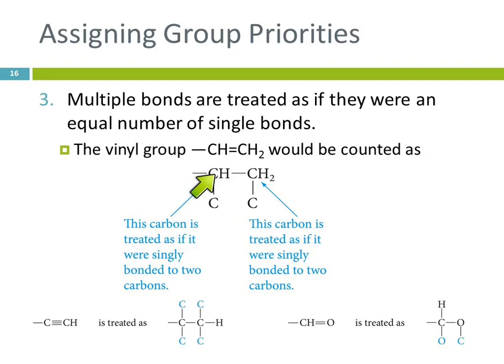We treat this one as if it's bonded to 2 carbons, because it's bonded twice to 1 carbon. We're not actually taking this double bond apart, but this is how they've decided to count it. So we're treating this carbon as though it's bonded to 2 carbons, and we're also treating this carbon as though it's bonded to 2 carbons, because this one is bonded twice to that carbon.